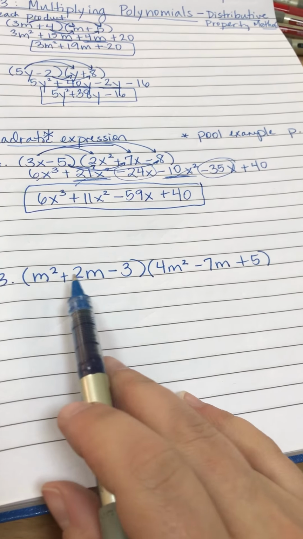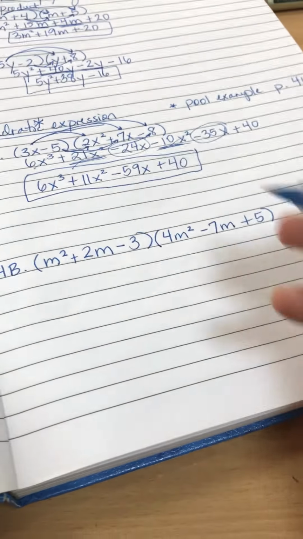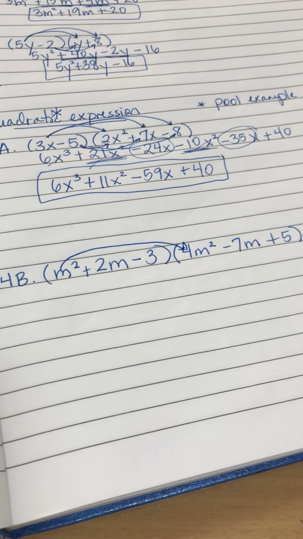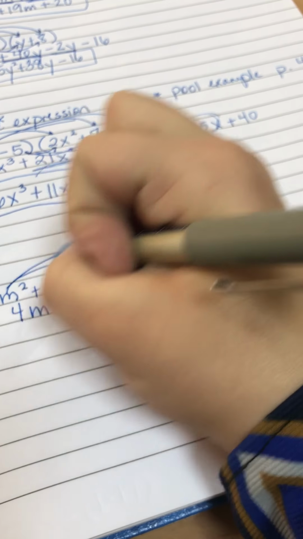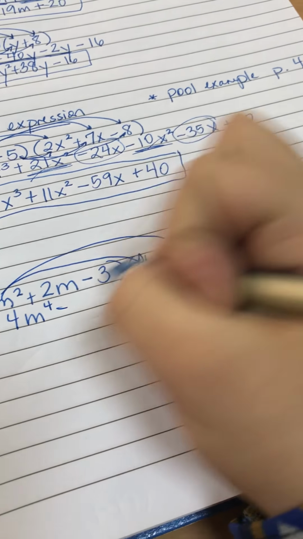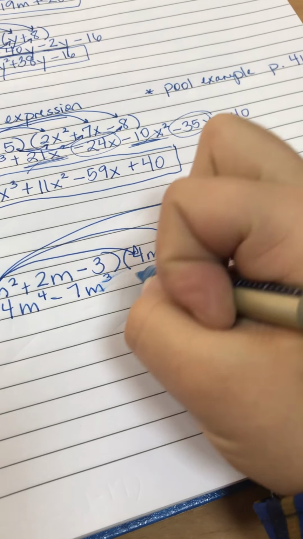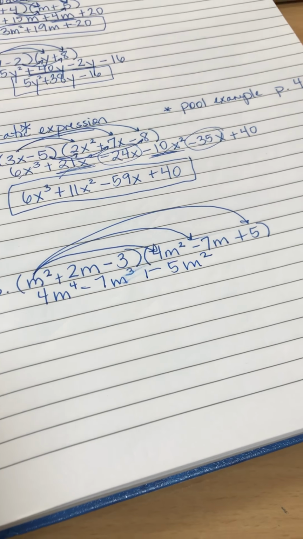Okay, this last one is a trinomial and a trinomial, so it's even going to be longer than the previous one. So here we've got m squared multiplied by 4m squared, 4m to the fourth, minus 7m to the third, plus 5m squared.